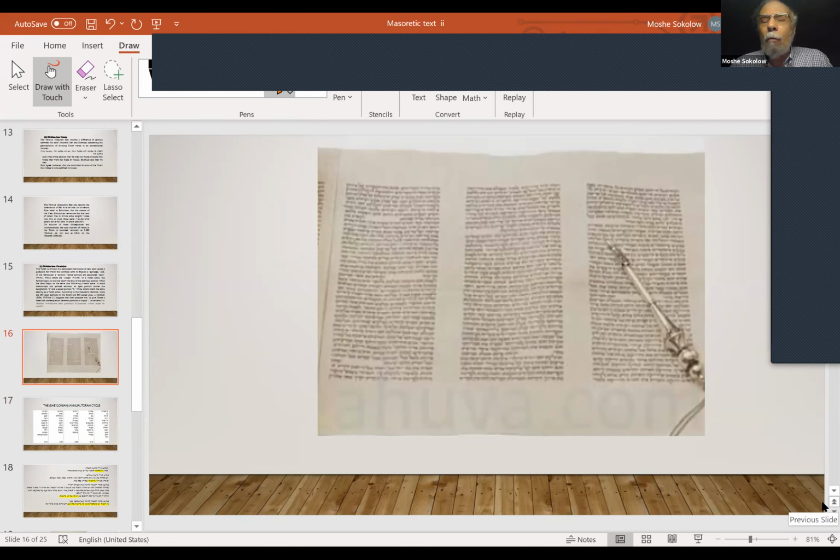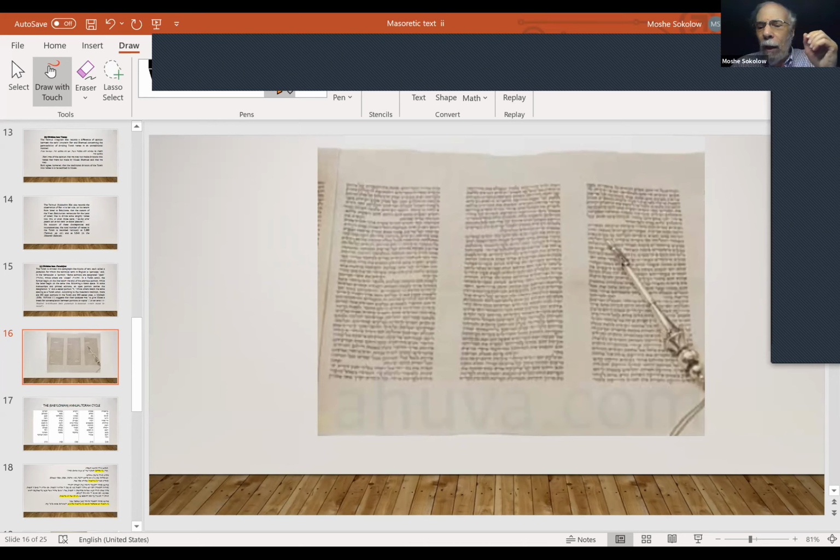All I have to do is go back to the beginning of Bereshit, and I have to count how many paragraphs there are, bearing in mind that some of the paragraphs will be petuchot, open, some of the paragraphs will be setumot, closed. But if I simply keep track of all of the parashiyot petuchot and all of the parashiyot setumot, then the total will be the number of parashiyot, or paragraphs, in the Torah.